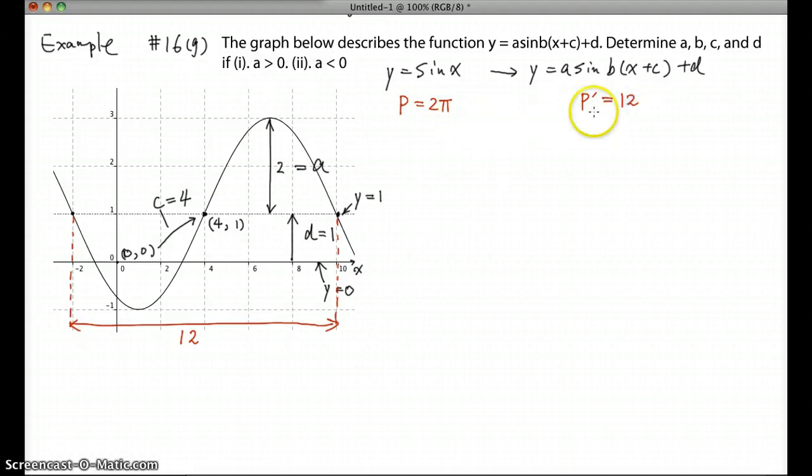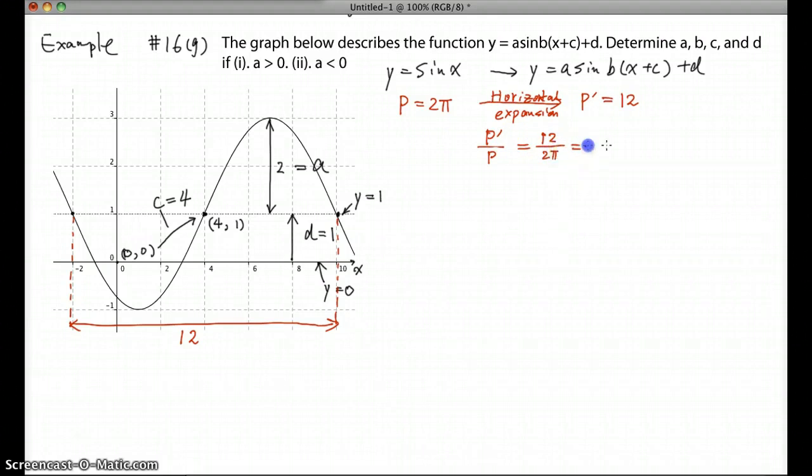So you can tell this is a horizontal expansion, right? And by what factor? You can easily see it's just P prime over 2 pi. Sorry, just use P, which is 12 over 2 pi.